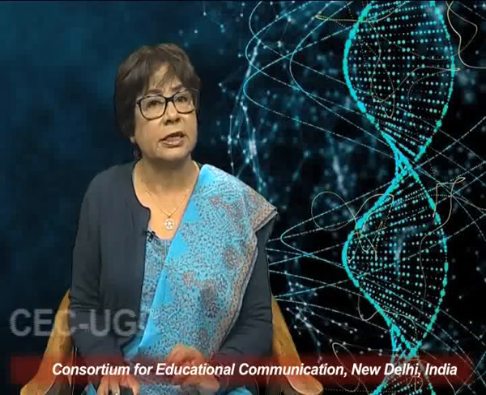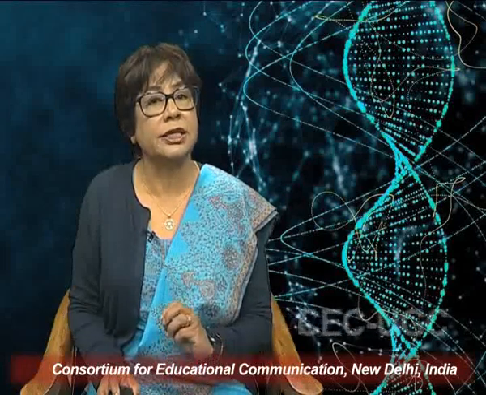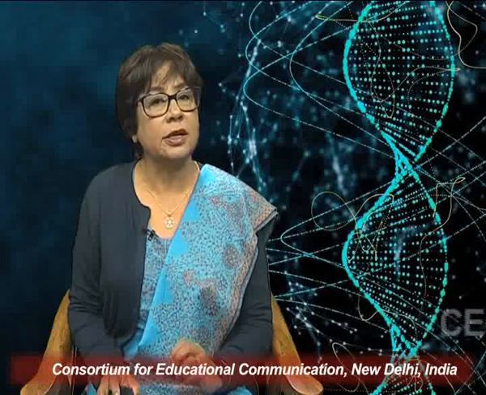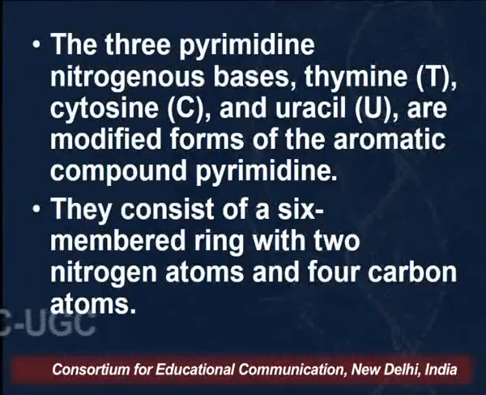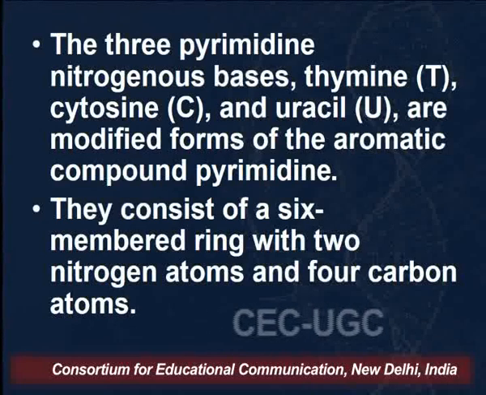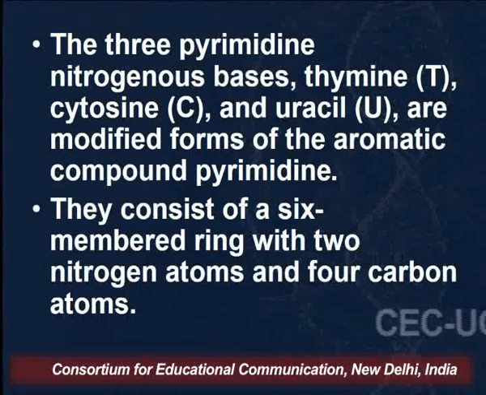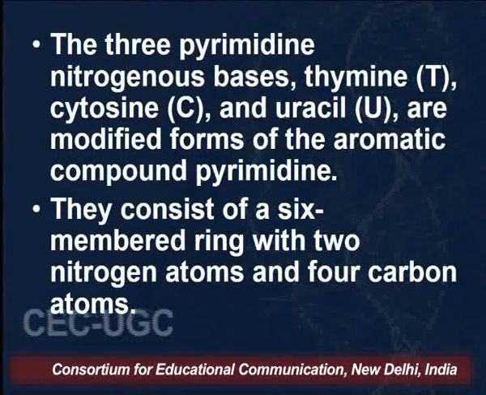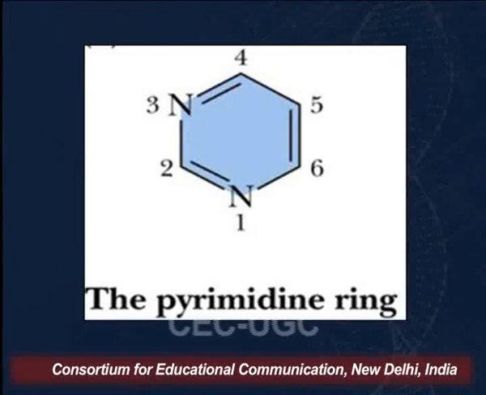The three pyrimidine nitrogenous bases, thymine (T), cytosine (C), and uracil (U), are modified forms of the aromatic compound pyrimidine. They consist of a 6-membered ring with 2 nitrogen atoms and 4 carbon atoms.